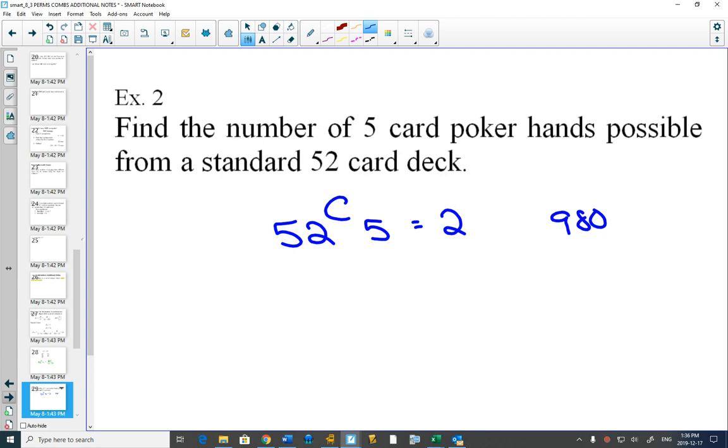Oh, 960, see? So close to have it memorized. 2.6 million almost. And so what I just pulled out, you will probably never, ever see this poker hand again in your life. The chances of me getting this exact poker hand were 1 in 2.6 million.